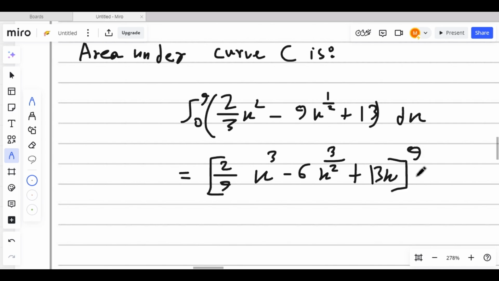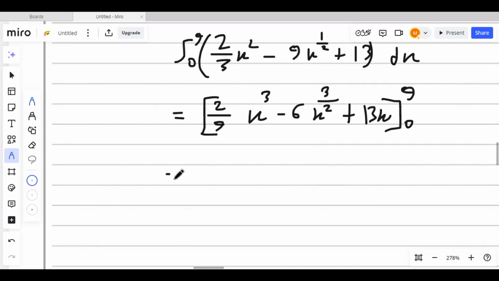Upper limit is 9, lower limit is 0. So 9 cubed over 9 is 9 squared, so 81, times 2 is 162. Negative, square root of 9 is 3, 3 cubed is 27, so 27 times 6 is negative 162, plus 13 times 9, which is 117.